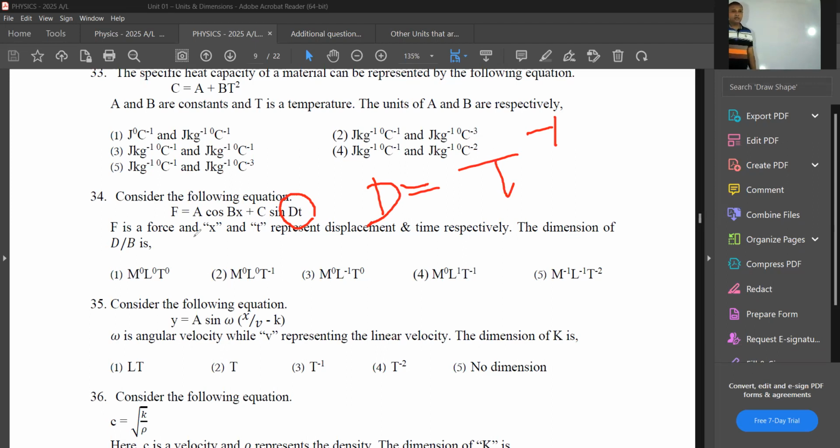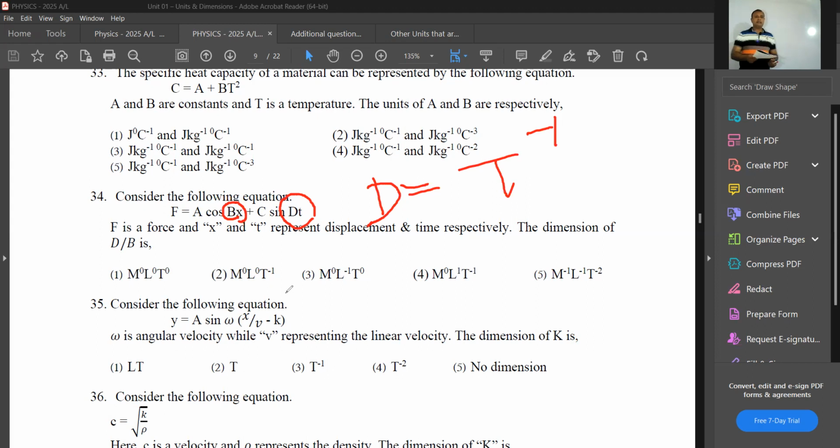Then B. So what is the dimension of B? The same argument. BX is an angle. Therefore, B should be equal to the reciprocal of X. That means L minus 1.